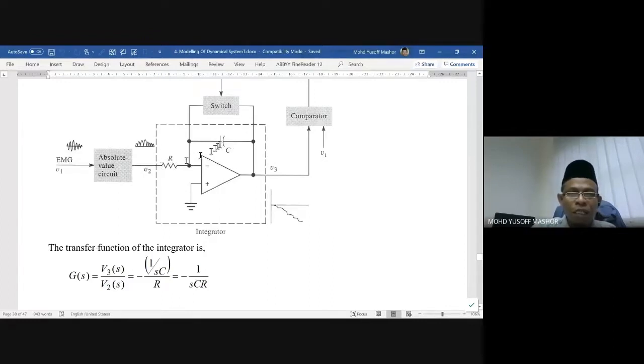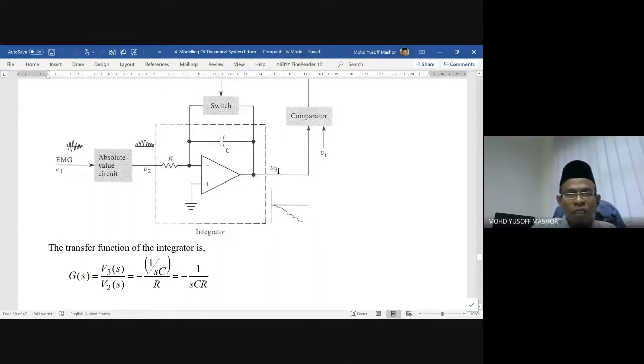So as we charge C further, then this 1 over C becomes smaller and smaller, so the gain becomes smaller and smaller.